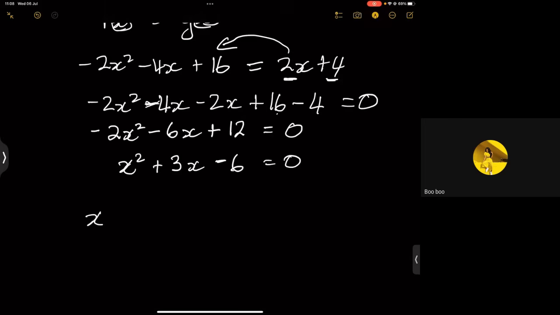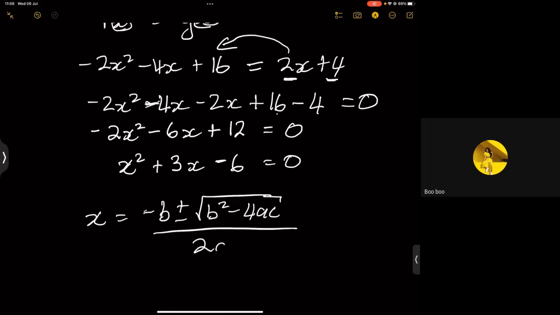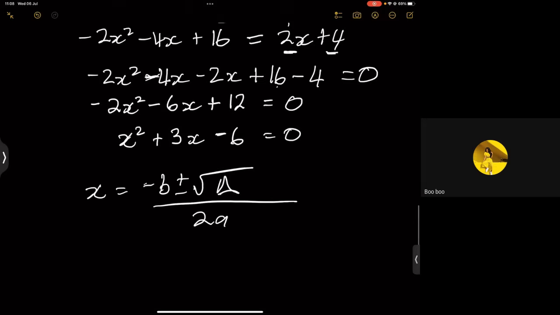So we're going to say x is equal to minus b plus or minus the square root of b squared minus 4ac, divided by 2a. Now what I normally do, I refer to the part under the root as delta, so I calculate delta separately.